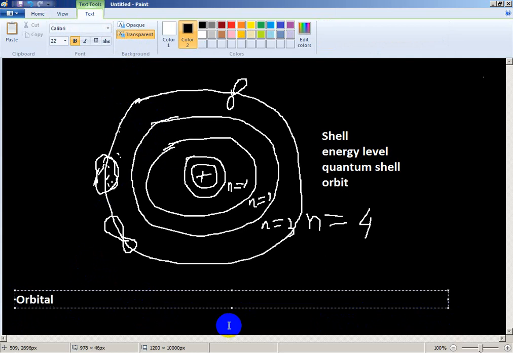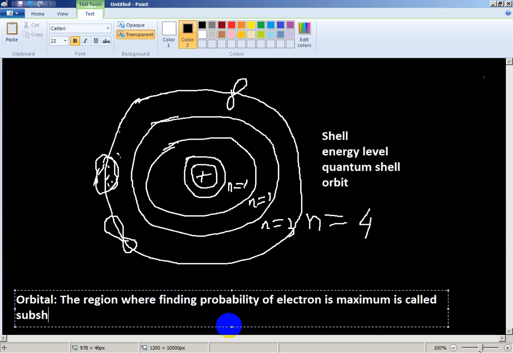Orbital: the region where the finding probability of electrons is maximum is called a subshell or orbital.